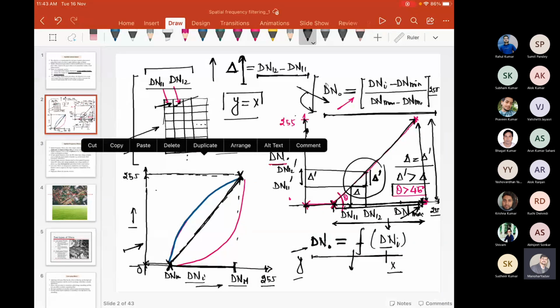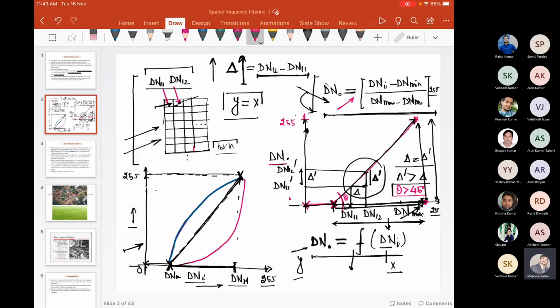Now the change in this case, if we use this exponential transfer function. In this case also, DN min is assigned 0 and DN max is assigned 255.